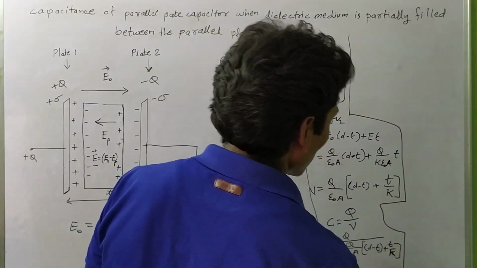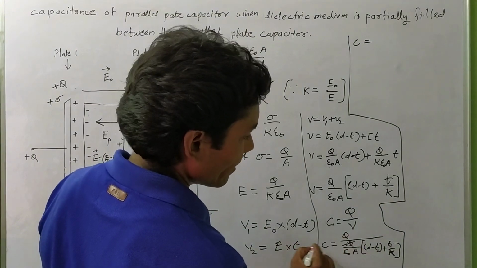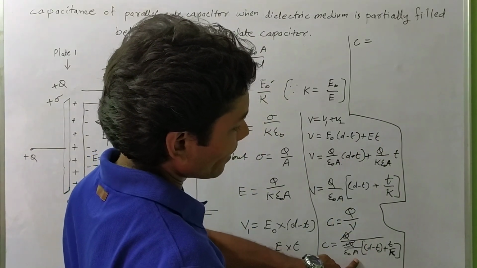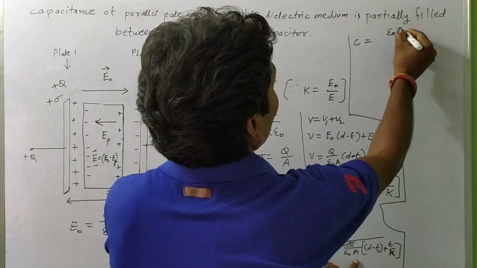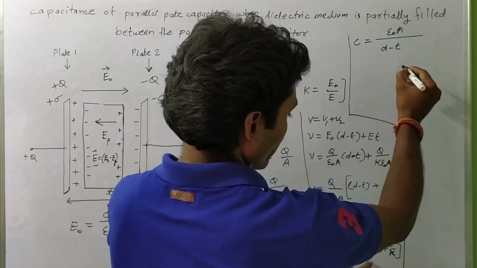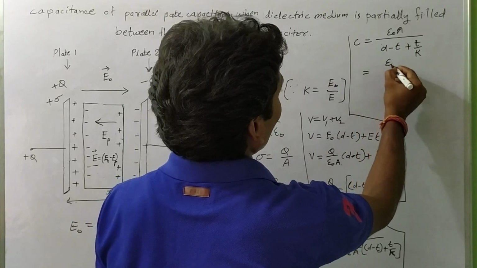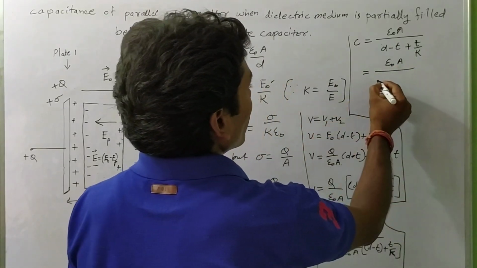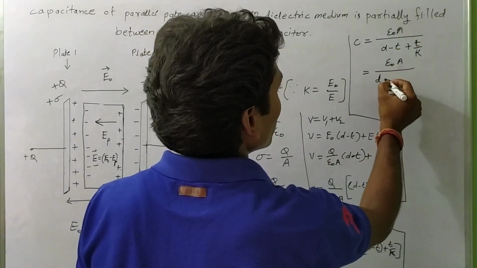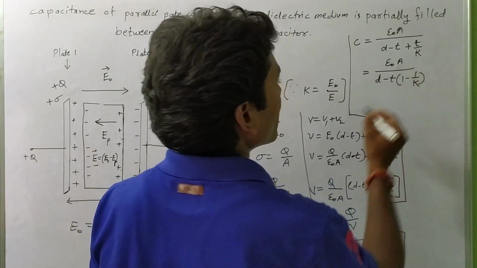or C will be equal to, Q will be cancelled by Q, then epsilon naught A upon (d minus t plus t upon K), or epsilon naught A upon d minus t(1 minus 1 upon K).